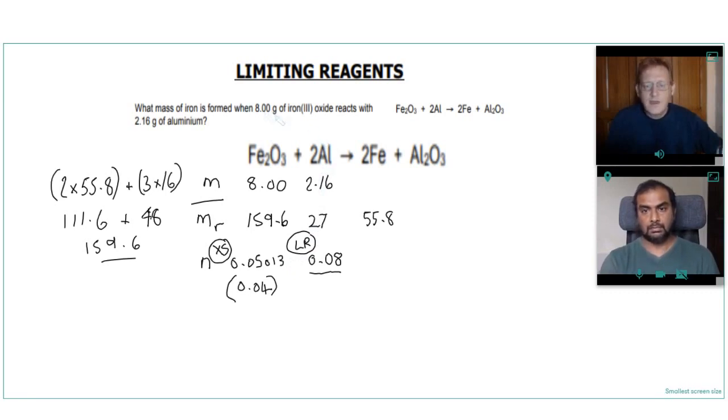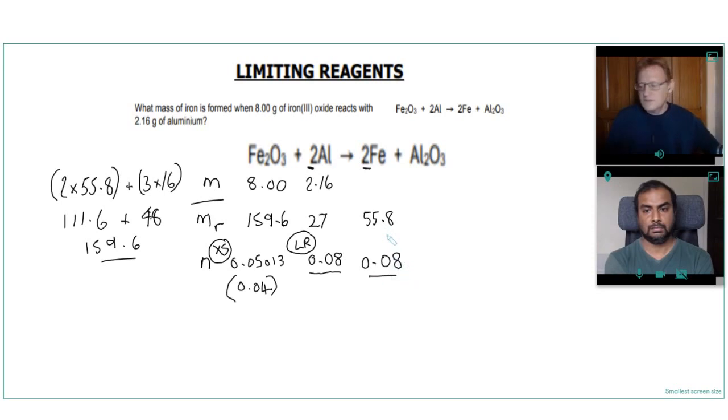And then to work out the mass of iron that's formed, we go off the limiting reagent moles. Between the aluminium and the iron, with a 1-to-1 ratio, we would form exactly the same number of moles.